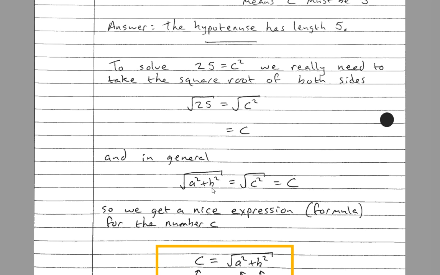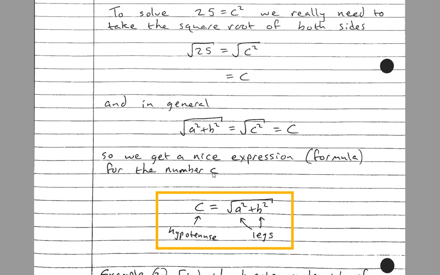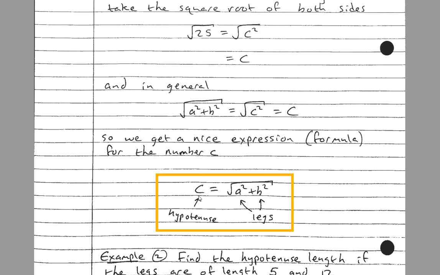So if A squared plus B squared is equal to C squared, then take the square root of both sides. C is equal to the square root of A squared plus B squared. So we're getting a nice formula for the hypotenuse. Put it in a box, and we'll use this formula.